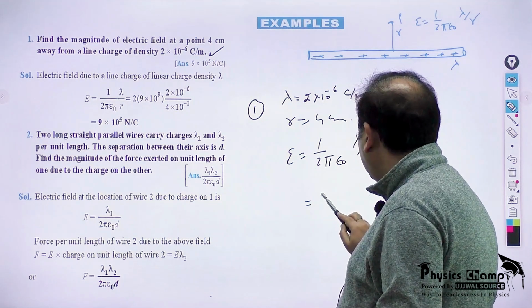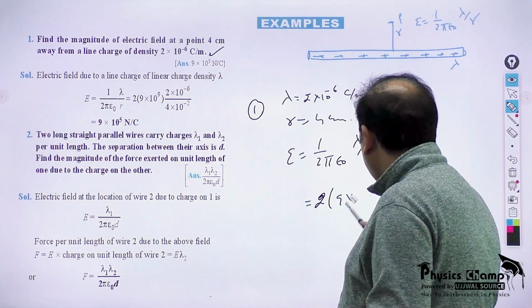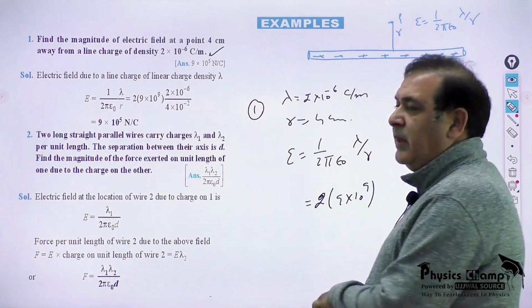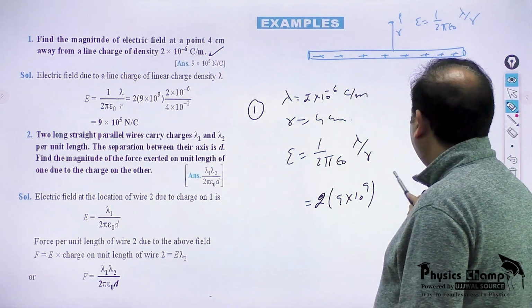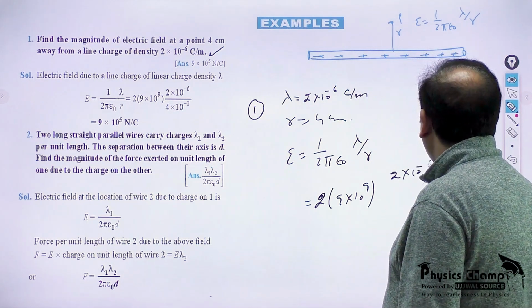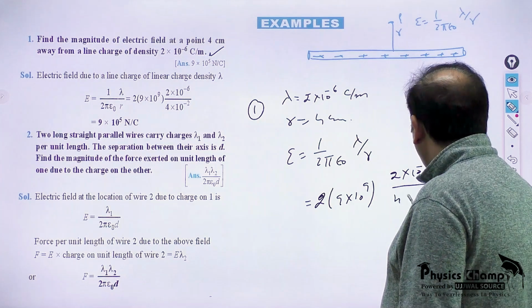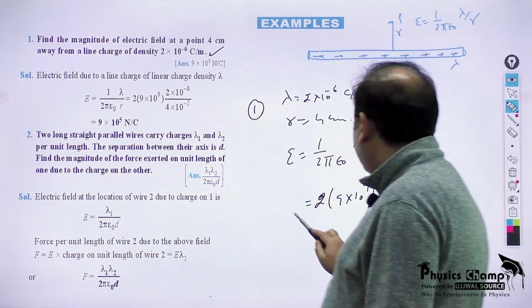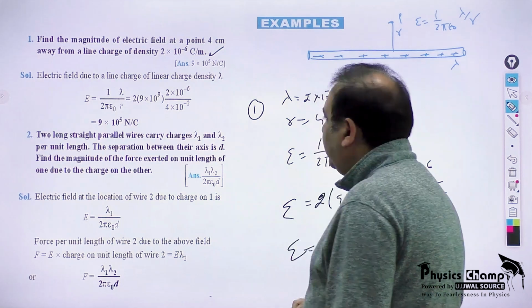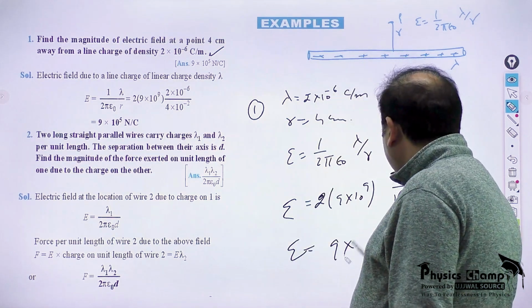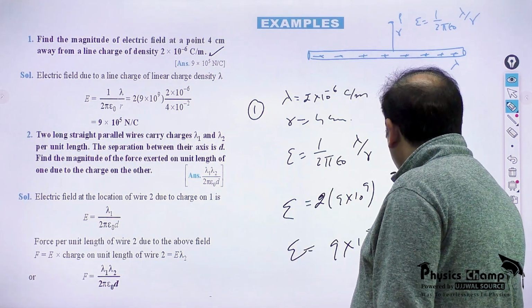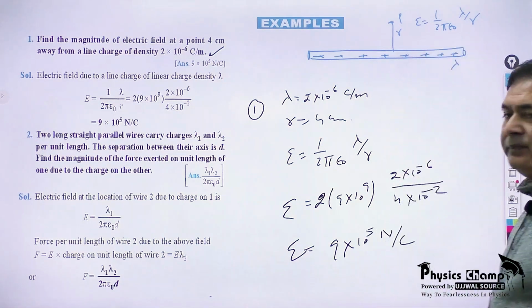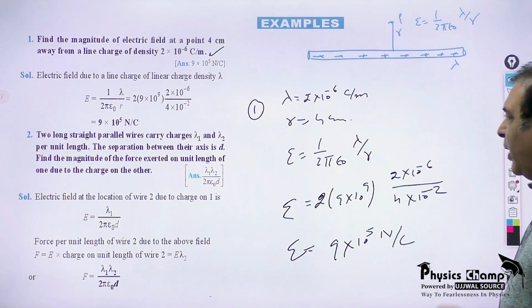So it will be 2 into 9 into 10 to the power 9. And lambda, the linear charge density, is 2 into 10 to the power minus 6 and r is 4 centimeter. So as a result, I am getting the electric field, which is 9 into 10 to the power 5 Newton per coulomb. So this is question number 1.